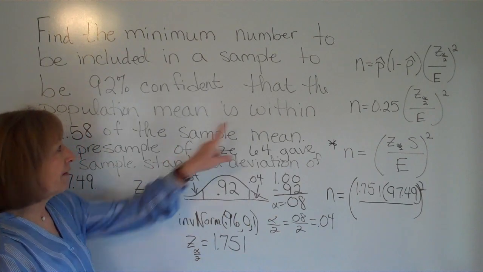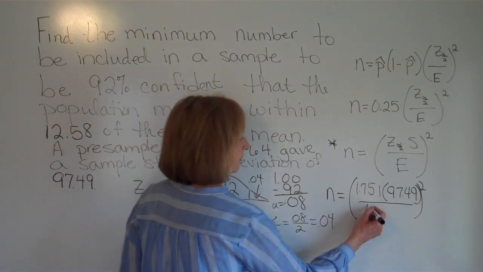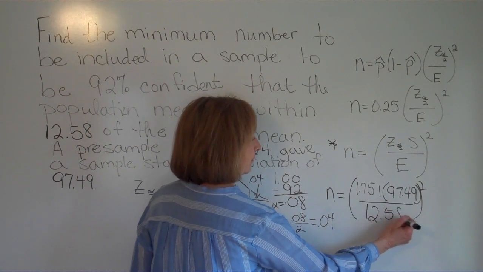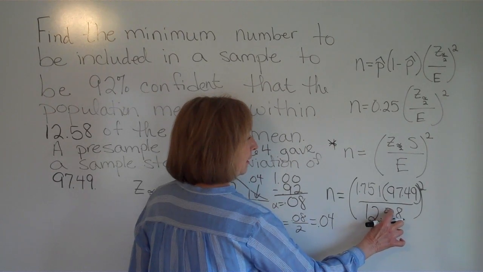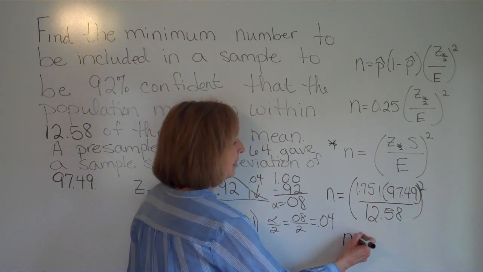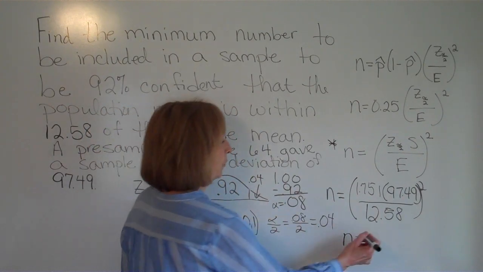So 12.58 follows the word within, that's your E. Now when we go through and calculate that, we get n is equal to 184.133.